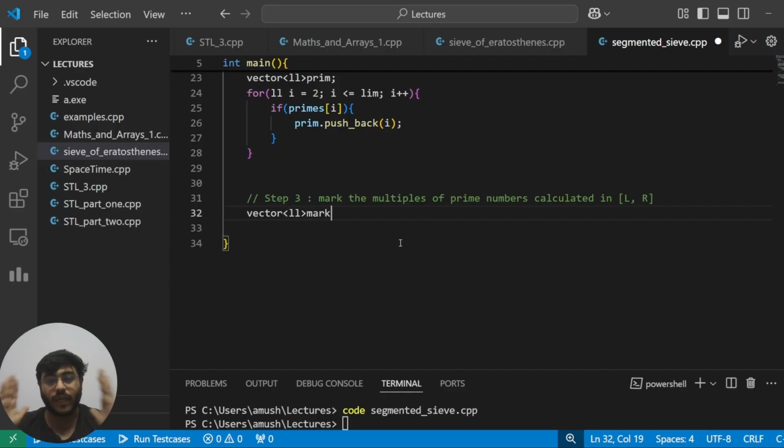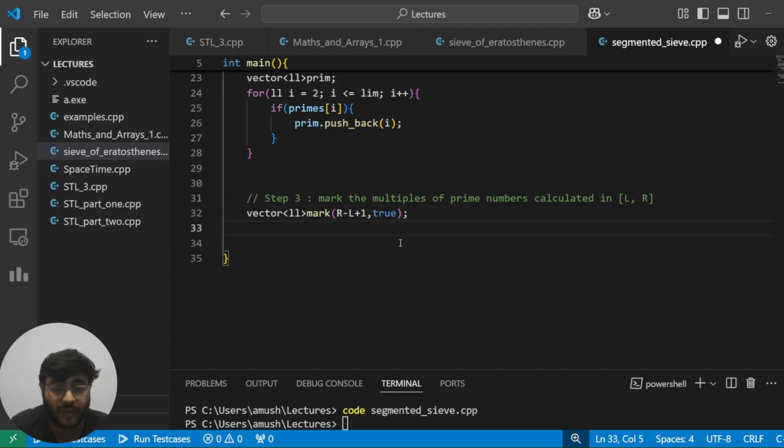Mark will denote the range from L to R. The size of this array would be R minus L plus 1, because we are mapping that complete range L to R into this array. Initially, we mark every number as true.